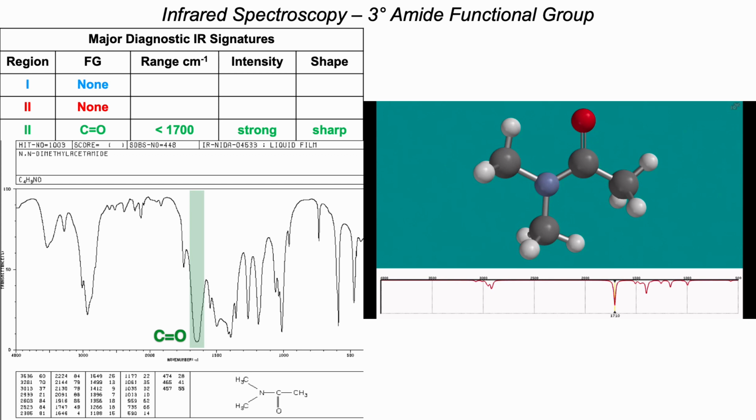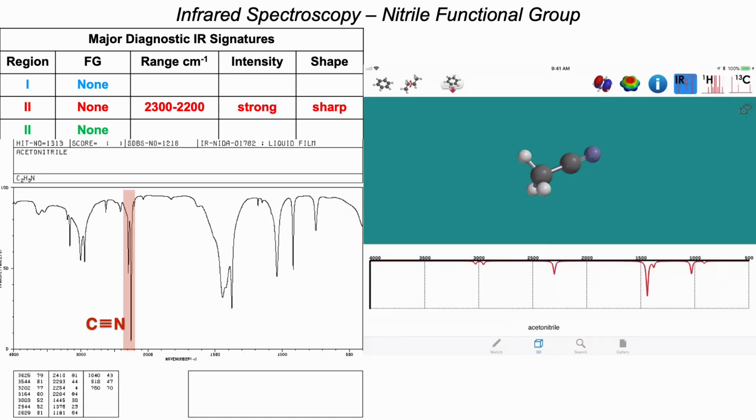The final functional group in this short PowerPoint is the nitrile, and we're looking at acetonitrile, and this is where we see a signal in region 2 that's very strong and sharp.